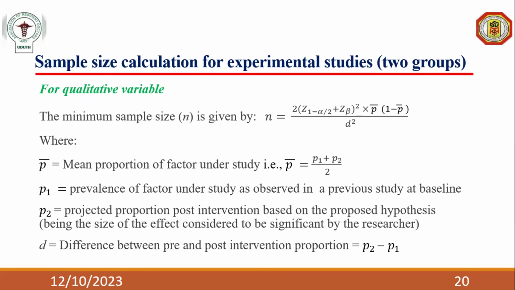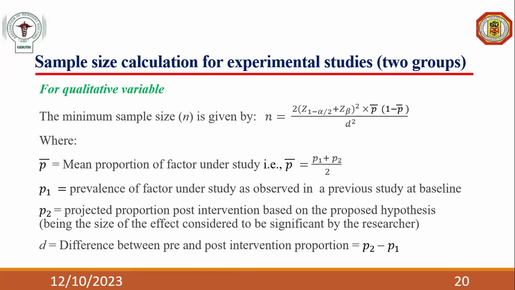What was the prevalence at baseline in the previous study? Then P2, the projected proportion post-intervention. So post-intervention, what is the proposed proportion to be increased? With how many percent do you project it to be increased?